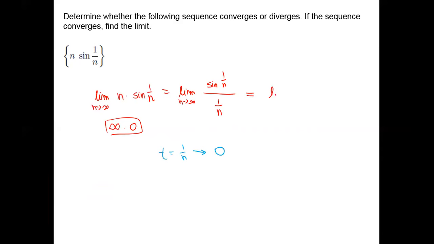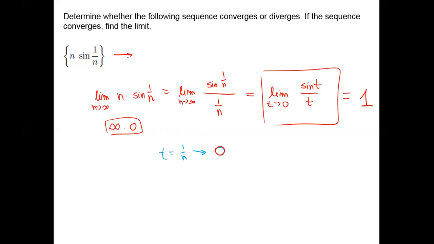That means I can rewrite my limit as sine of t over t, but t goes to 0. And we remember this property, sine of t over t as t goes to 0 is 1. So we can even skip the L'Hopital rule just using the property. This sequence converges to 1.